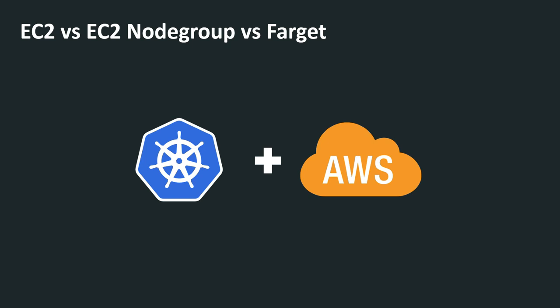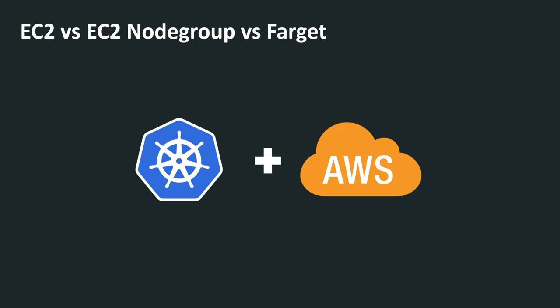removing them, etc. However, if that's also something you want to delegate to AWS, if you don't want to worry about that, you can also for an EKS cluster use Fargate instead, and in that case you would have fully managed worker nodes in addition to a fully managed control plane.